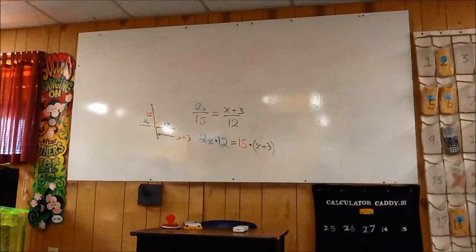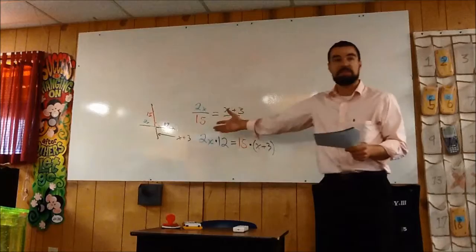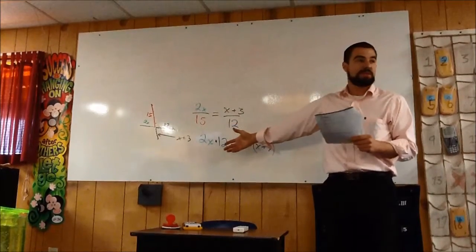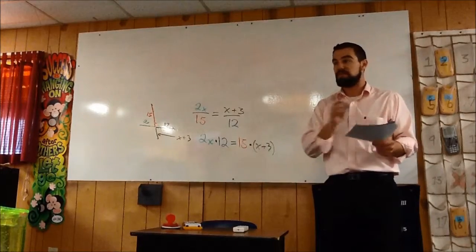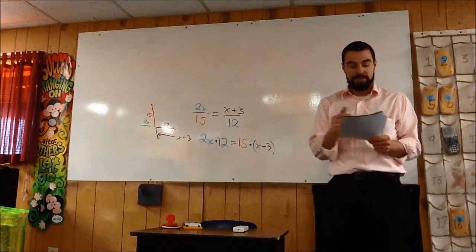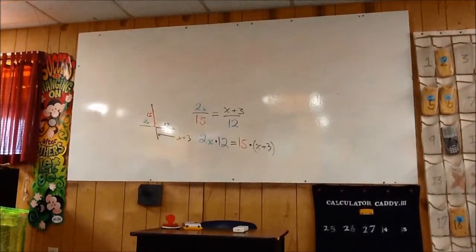So number 1, number 3, and number 5. Number 1, number 3, number 5 is just like this problem. You've got two chords intersecting. Product of the pieces equals product of the pieces. However, 7, 9, 11, 13, and 15, the other odds on that page, we still need to discuss.